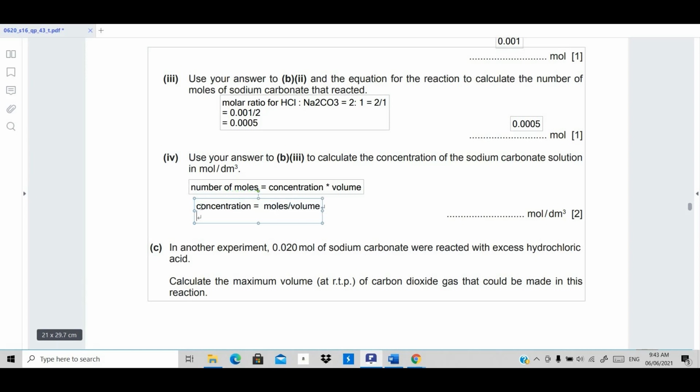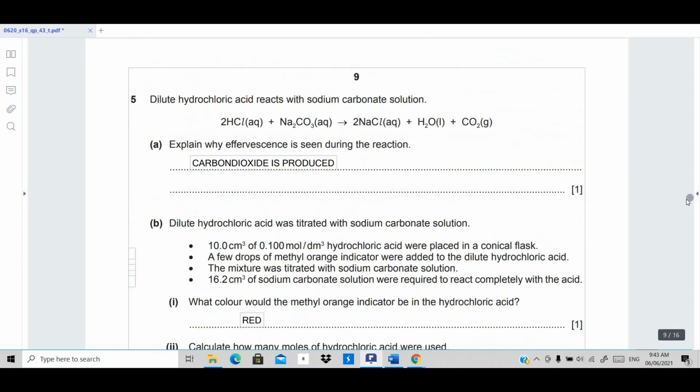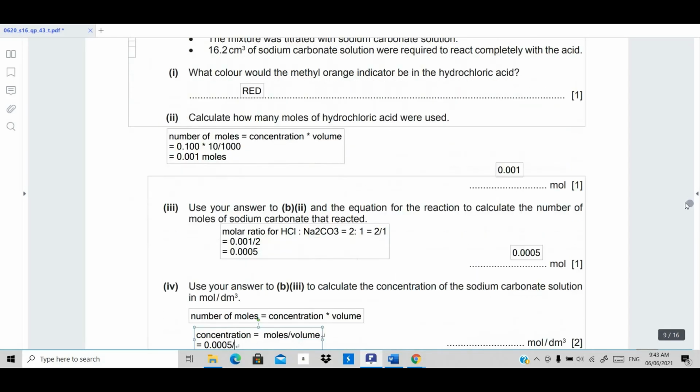Now we have the number of moles as 0.005. You can see from part 3, which is calculated for sodium carbonate solution. And the volume they have given us in centimeter cube is 16.2 centimeter cube.